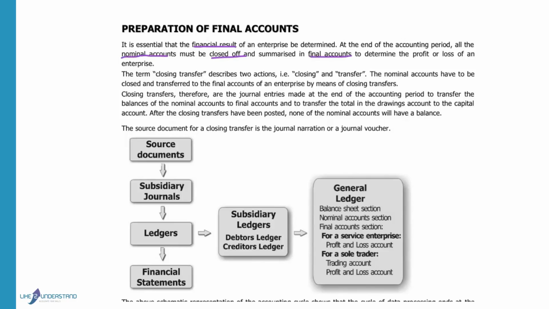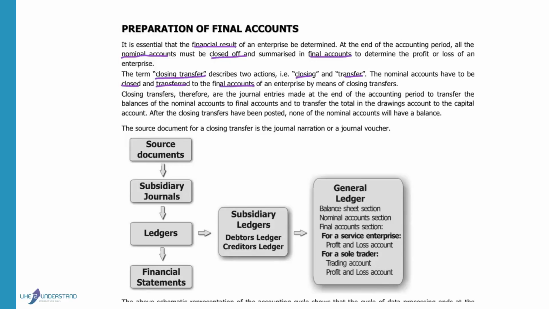The term closing transfer describes two actions, closing and transfer. The nominal accounts have to be closed, so it means they are balanced, and the balancing figure is transferred to the final accounts by means of a closing transfer.